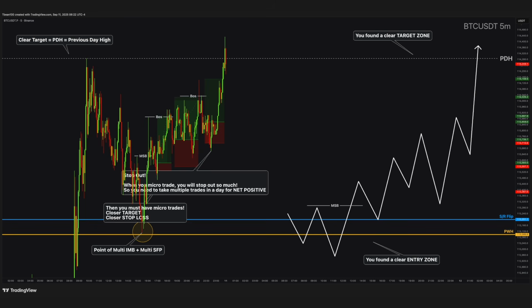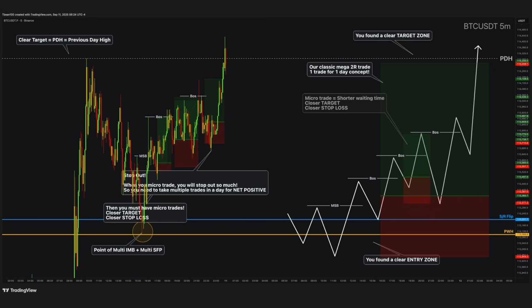So, as a regular trader, you might set up one big trade with a large stop loss as a day trader. That's the classic approach of taking one single trade per day. However, since this type of trade usually takes a long time to play out, if you want shorter trades, basically scalping, you need to ride the trend from your entry zone all the way to your target zone.